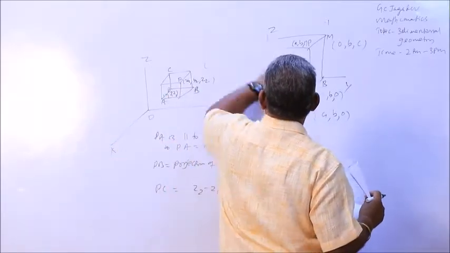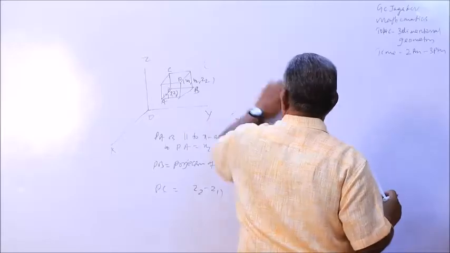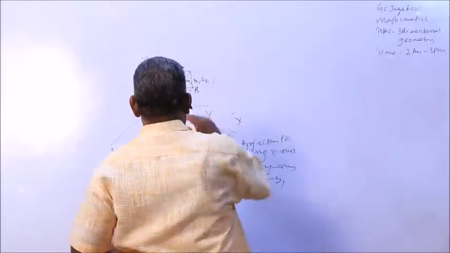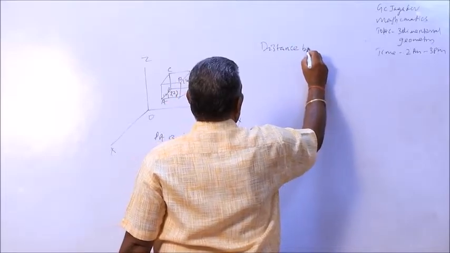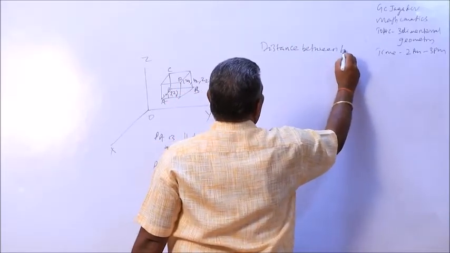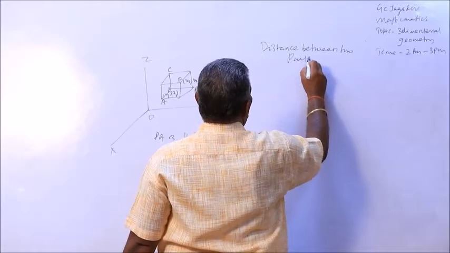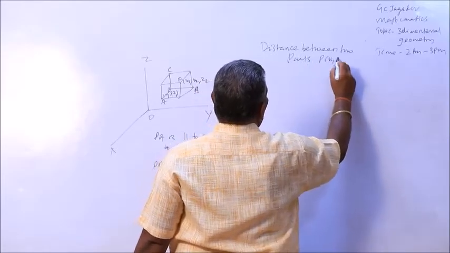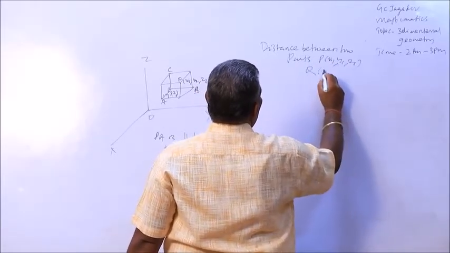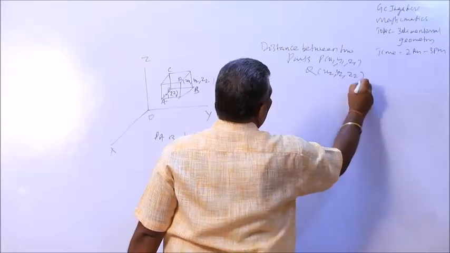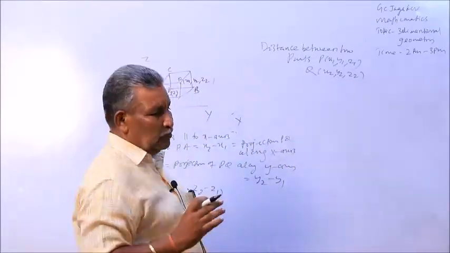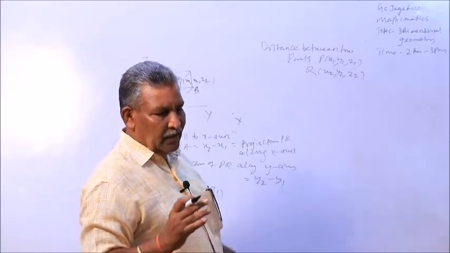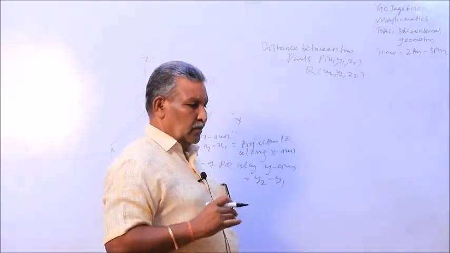Now comes our distance formula. How do we find the distance between two points? Suppose we are interested in finding the distance PQ between two points P(x1, y1, z1) and Q(x2, y2, z2). In two dimensions, you know the distance between P(x1, y1) and Q(x2, y2) is the square root of (x2 minus x1) whole squared plus (y2 minus y1) whole squared.